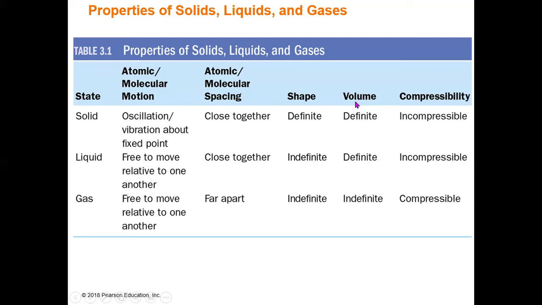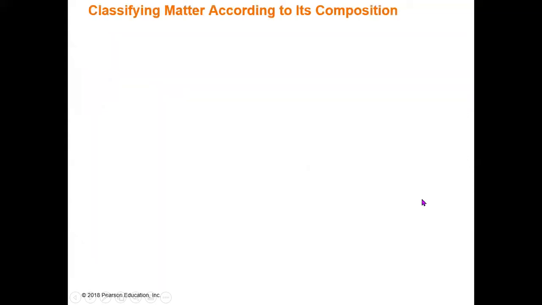The volume: the volume for the solid is definite. The volume for the liquid is definite. The volume for the gas is indefinite. And then compressibility: the solid is incompressible, the liquid is incompressible, and the gas is compressible.